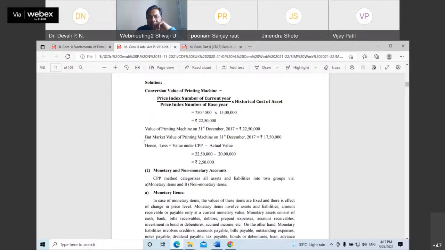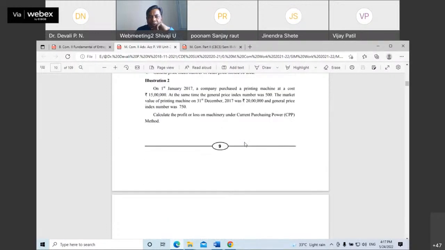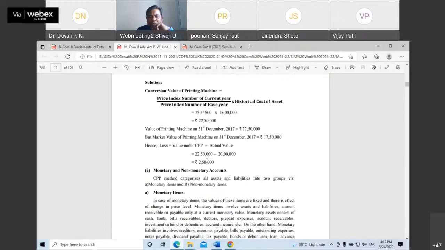But the market value of the printing machine on 31st December 2017 is not quoted here. We have considered it as an assumption. The market value of the printing machine on 31st December 2017 is 17,50,000.